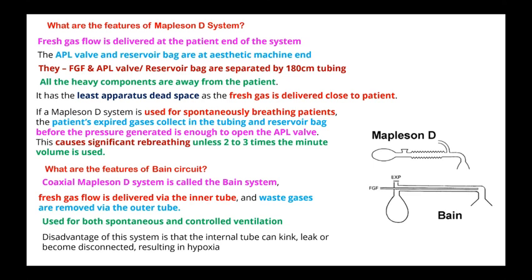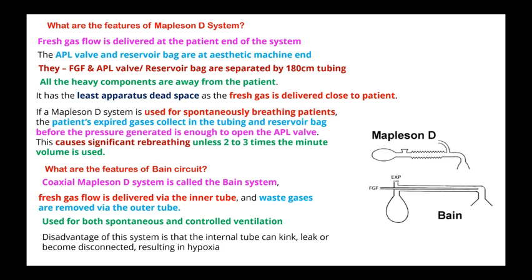this is commonly used in the MRI room for non-operating room anesthesia because this is lightweight, portable, and this is 180 centimeter normally used. You can use 3 times this length, 5.4 meters, for the MRI suite, where the machine can be far away from the magnetic area.